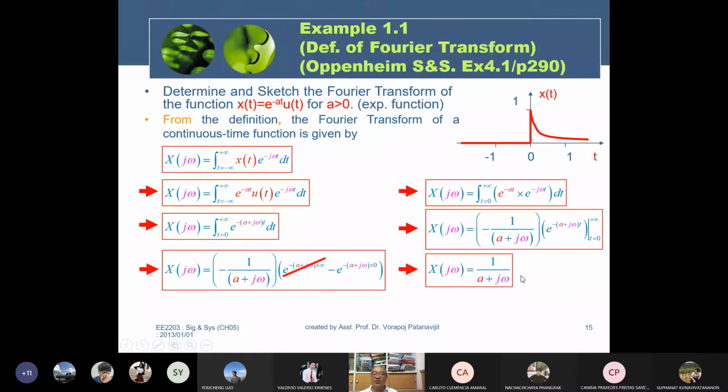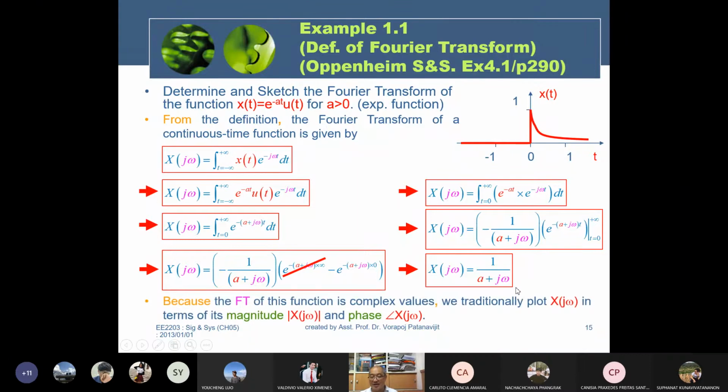Therefore, in this case, the Fourier transform equals 1 over (a + jω). It is a function of ω instead of time. Because the Fourier transform of this function is a complex value, we traditionally plot X(jω) in terms of magnitude and phase instead.